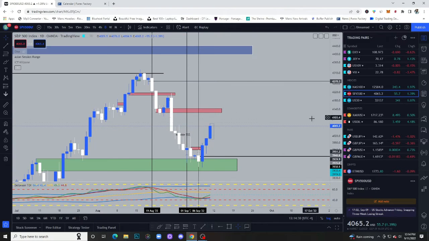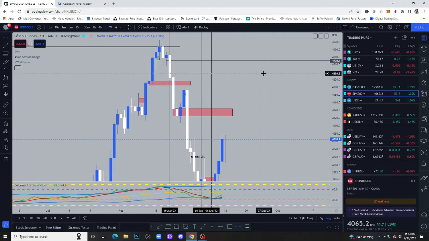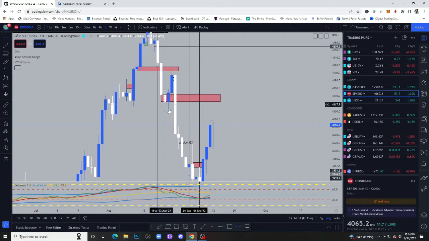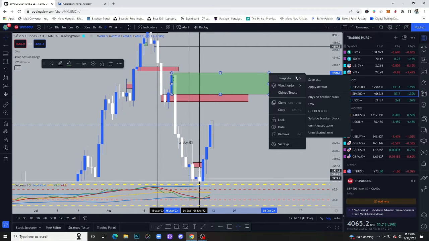So as you can see right now, I'm anticipating price to most likely head back up to this level. This is another breaker block right here. And not only is this a bearish breaker block, this is also a bearish order block right here.